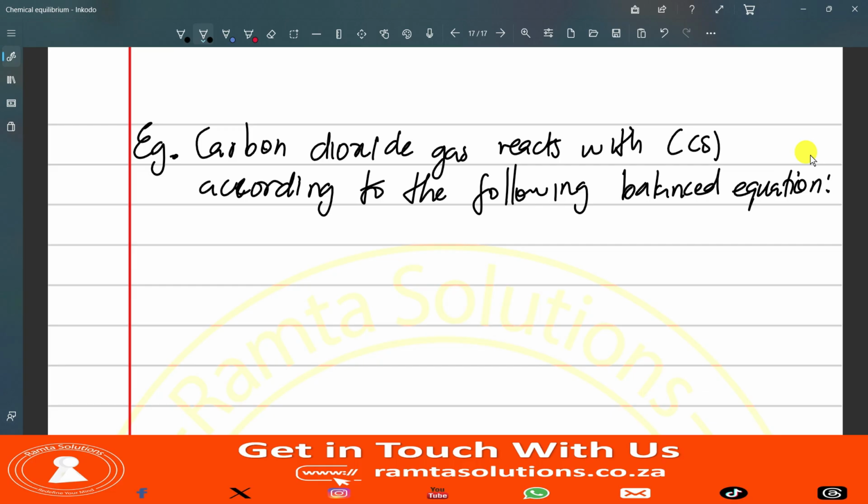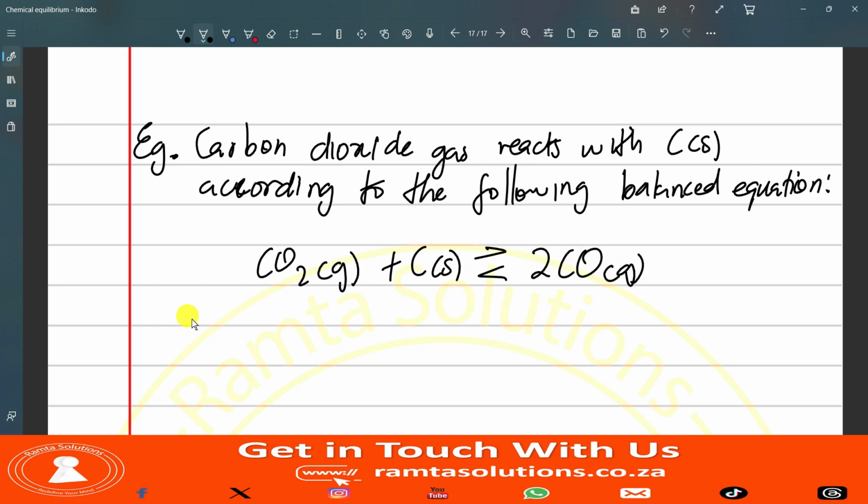And that equation is CO2 gaseous plus carbon solid, in equilibrium, giving 2 carbon monoxide gas.